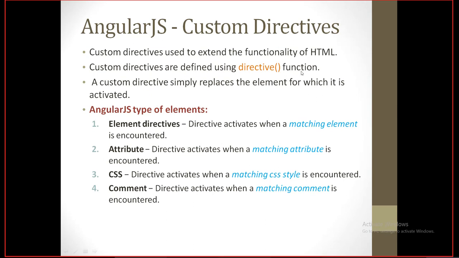We use the directive function to define them, and wherever this custom directive is found, maybe as an element, maybe as an attribute, that particular tag or element is replaced by the code of the custom directive.